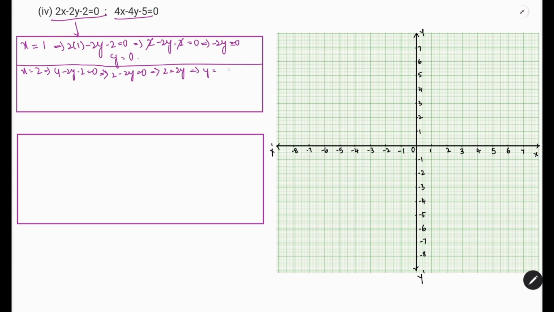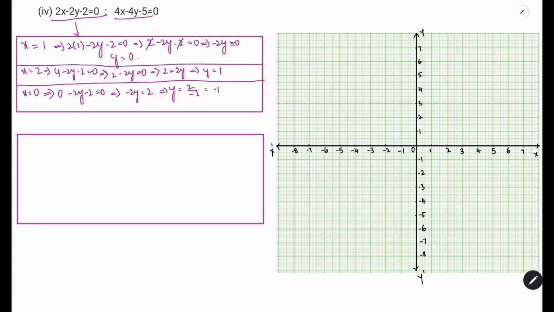So y equal to 2 by 2, it is 1. So if you take x as 0, then 2 into 0 is 0, minus 2y minus 2 equal to 0. So here minus 2y equal to 2, then y equal to 2 by minus 2 equal to minus 1.